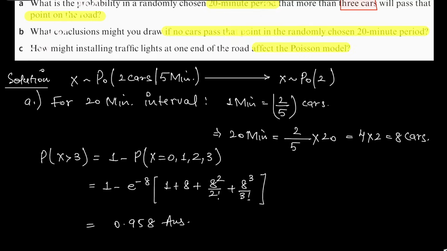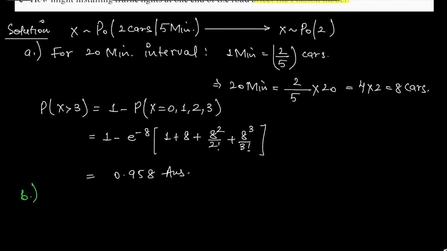What conclusion might you draw if no car passed that point in a 20-minute period? The question is saying that no car has passed through that particular point in the last 20 minutes. So what can be the possible reason for this situation?